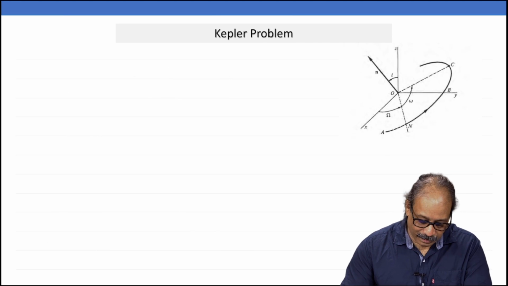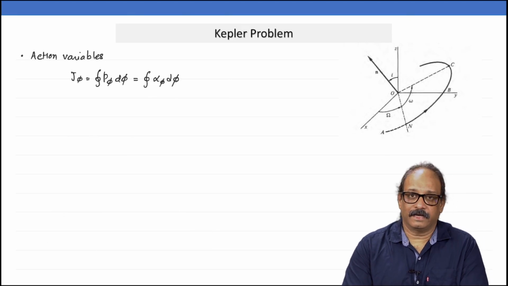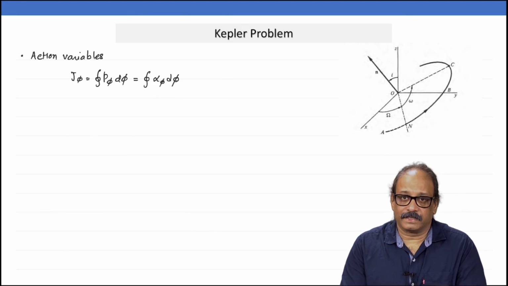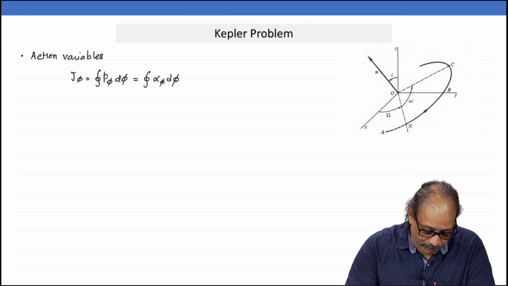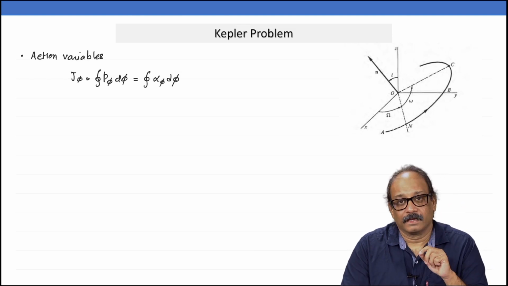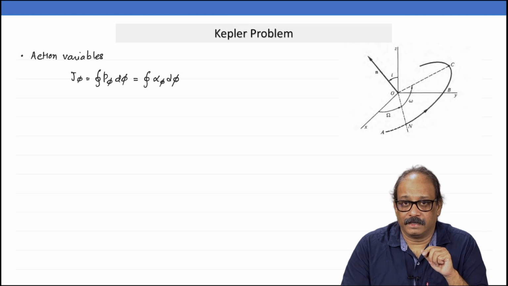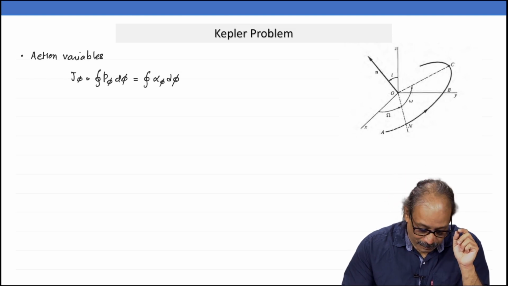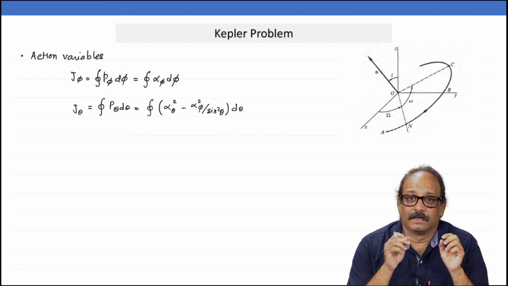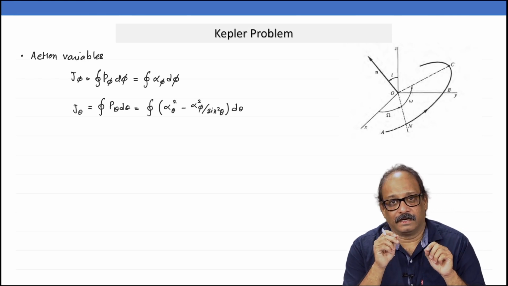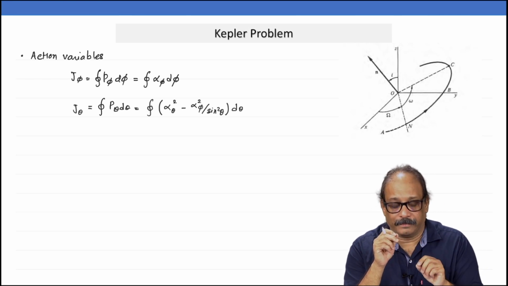Now, the action variables would be, your J phi is of course very simple, it is integral of p phi d phi, and it is, remember, an integration over one cycle. But what is the cycle here? For phi, the cycle is just 0 to 2 pi. Okay.